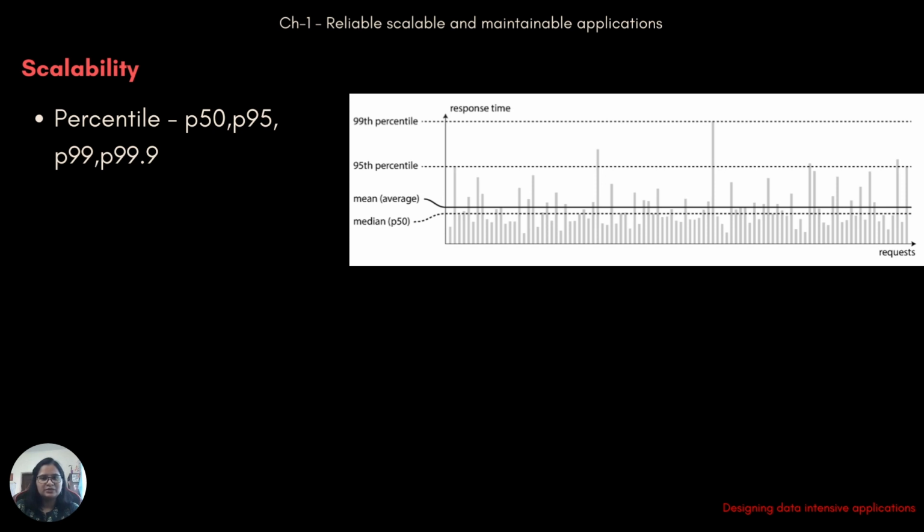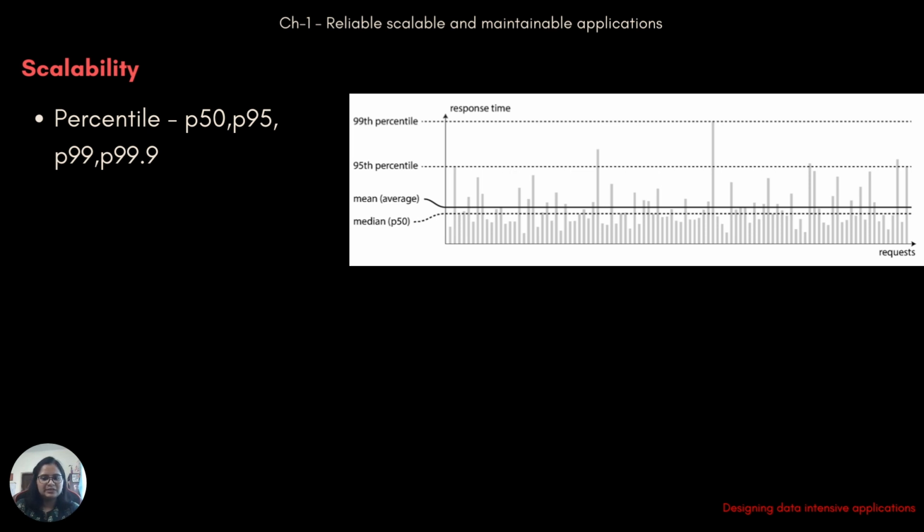The 95th, 99th, and 99.9th percentiles are common, abbreviated as P50, P95, P99, and P99.9. If the 95th percentile response time is 1.5 seconds, that means 95 out of 100 requests take less than 1.5 seconds, and 5 out of 100 requests take 1.5 seconds or more.